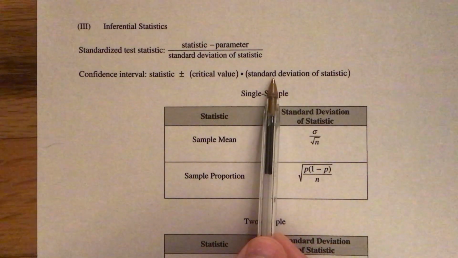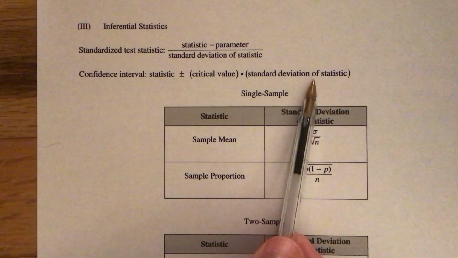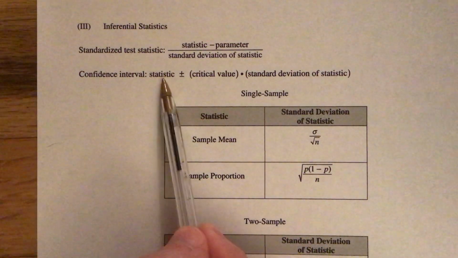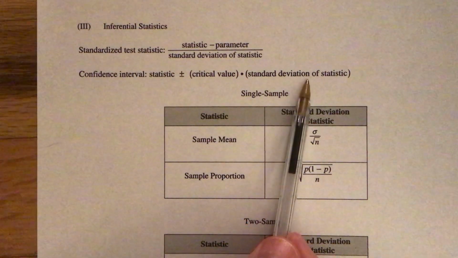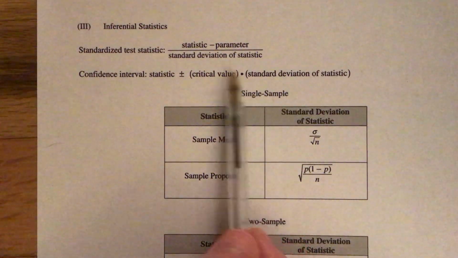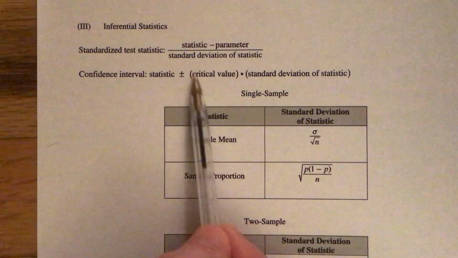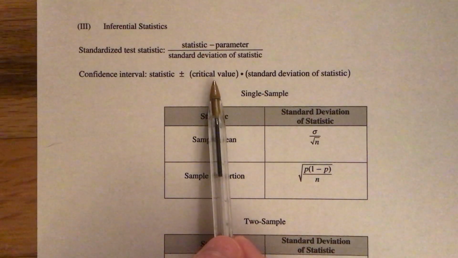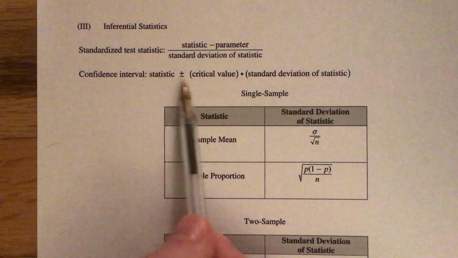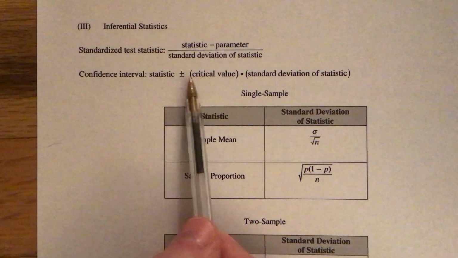If you happen to know the standard deviation, you could use that too. So this is building a confidence interval: your point estimate plus or minus the number of standard deviations you go out times the standard deviation. And then remember this critical value, z star or t star, is based on, I don't remember what I was going to say.